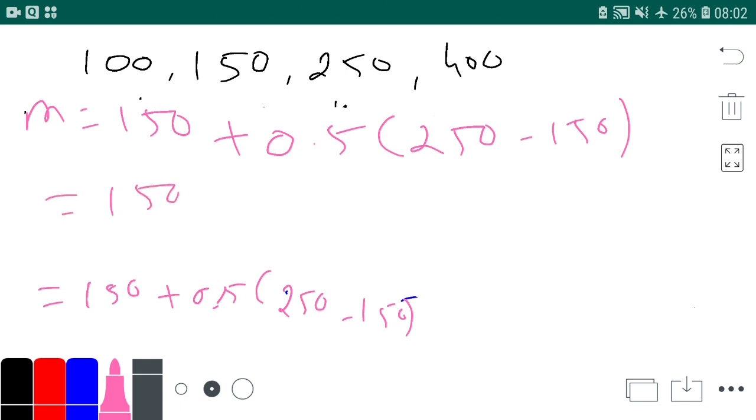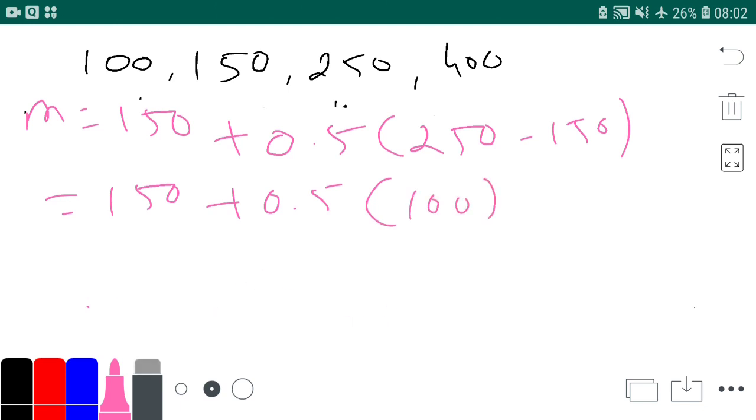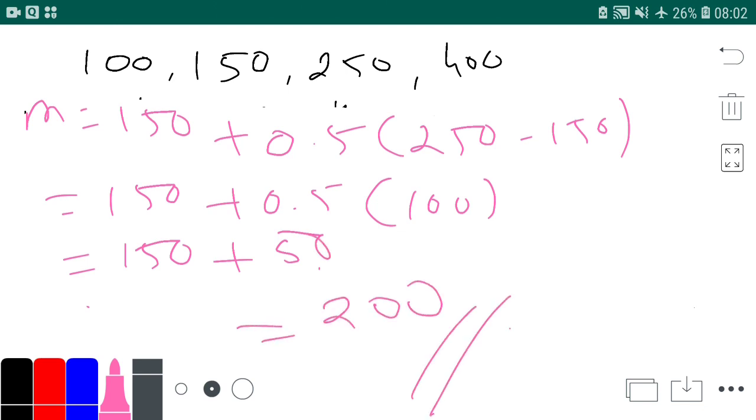So it's basically 150 plus 0.5 into 100. 0.5 into 100 is 50, so it is 200. Yes, easy. You got my point? Yes or no? Yes. Okay.